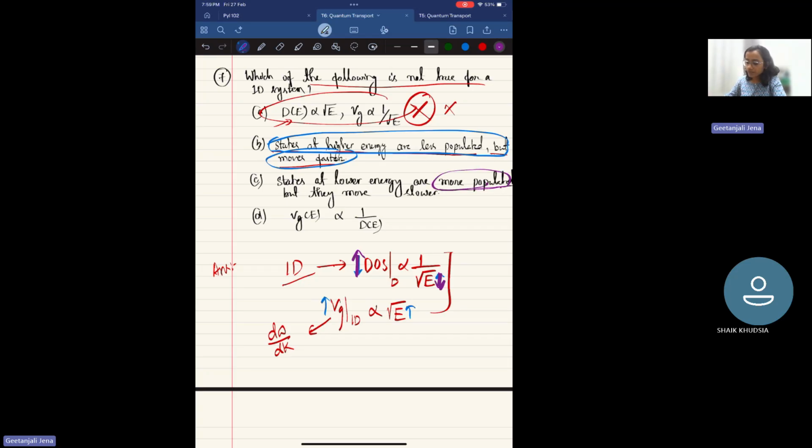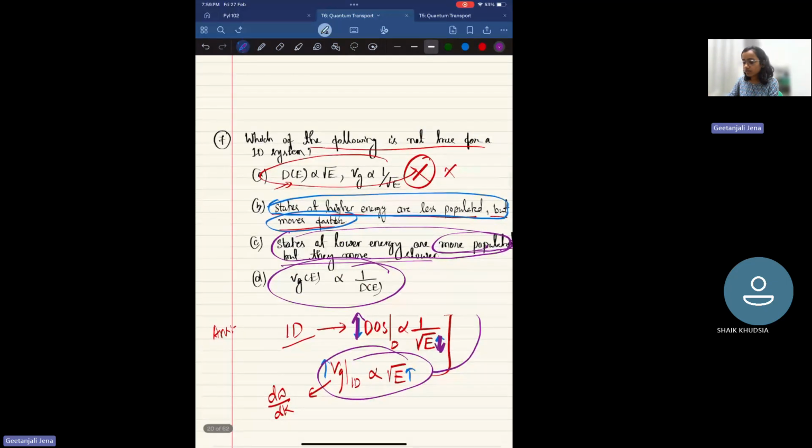But the group velocity will decrease because these are low states. So this is also correct for the 1D case. And option D, the group velocity and density of states are inversely related, which is also true. So the correct option, which is not true for the 1D case, is option A.